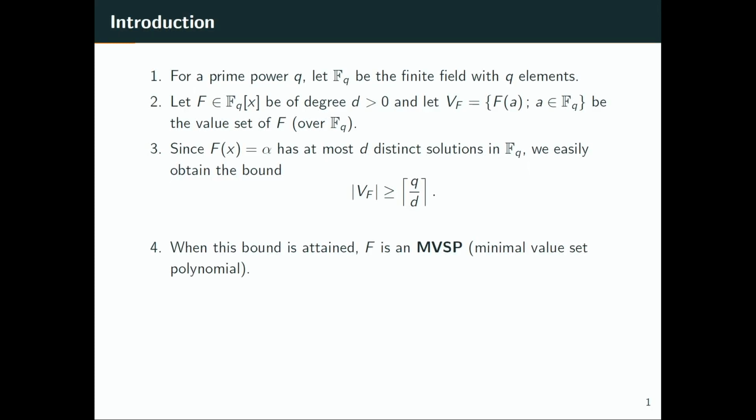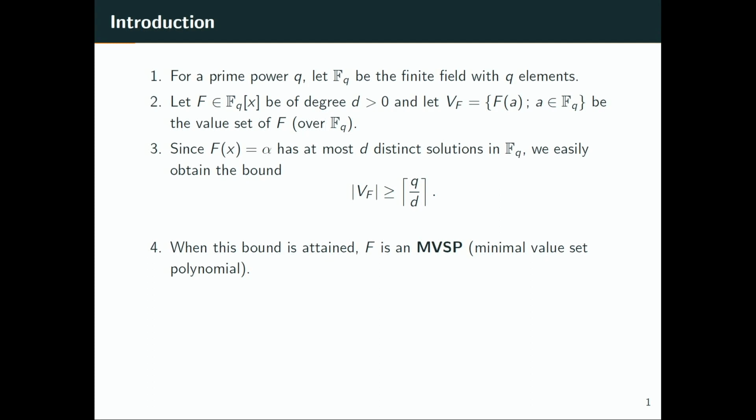And so the natural question is when the value set attains this lower bound, right? We actually have the other extreme when it reaches the maximum value. It's a permutation polynomial, so the value set is the whole field. And so this is the other extreme.